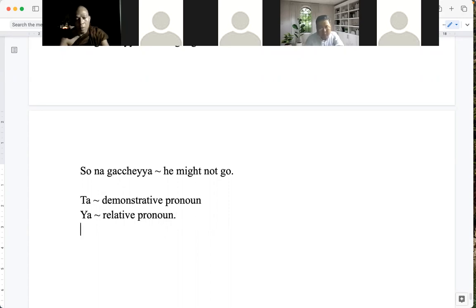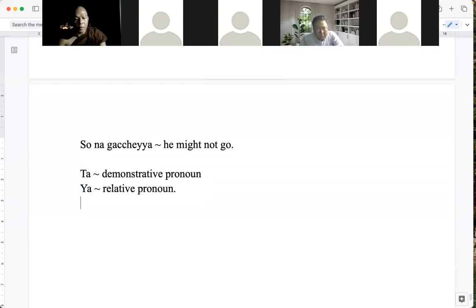Even though a demonstrative pronoun can be used alone, ya never can. So you need to understand this saying, this formula.